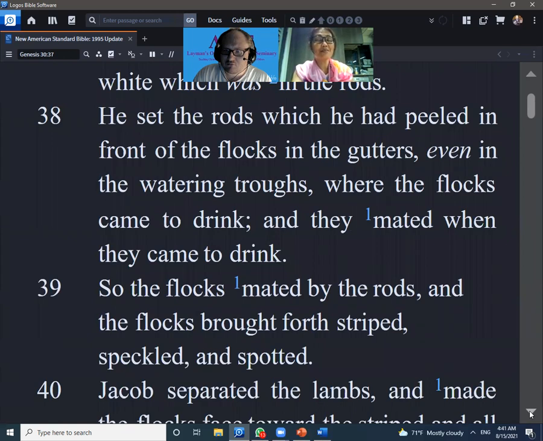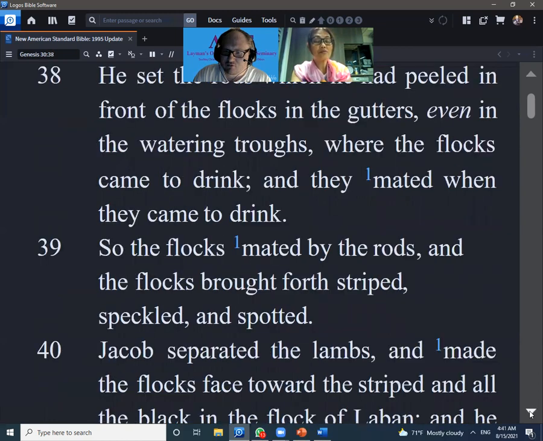He set the rods which he had peeled in front of the flock in the gutters, even in the watering troughs, where the flocks came to drink, and they mated when they came to drink.